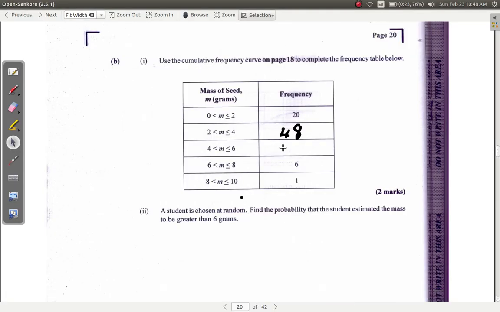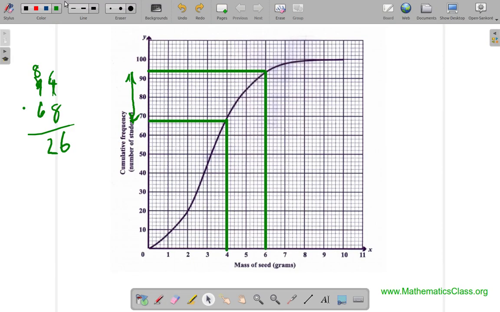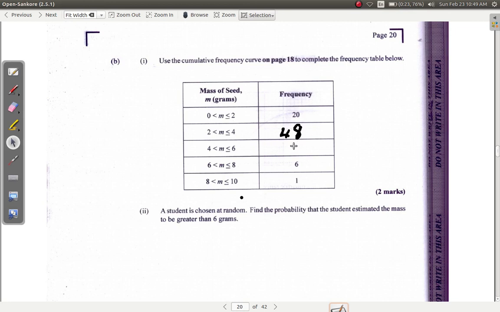So between 4 and 6, it looks like about 26. Let's write that down, 26. Okay. Good.